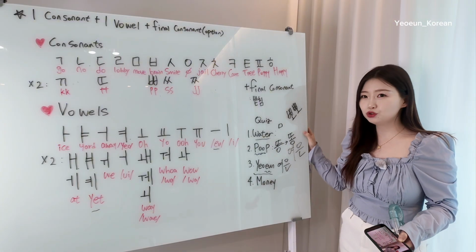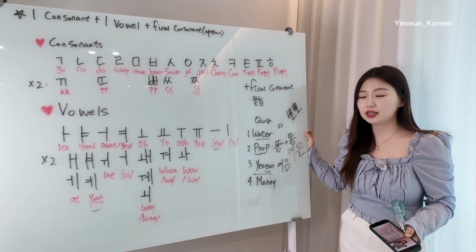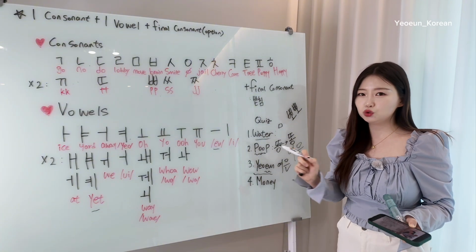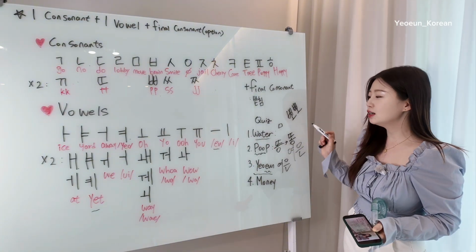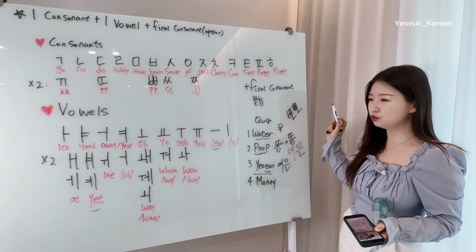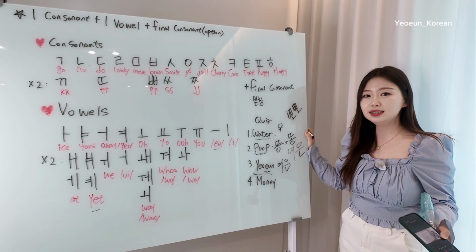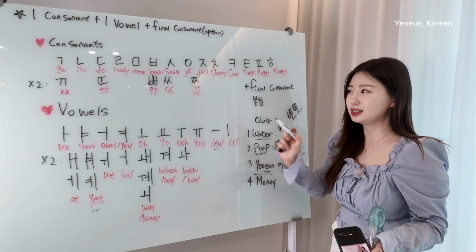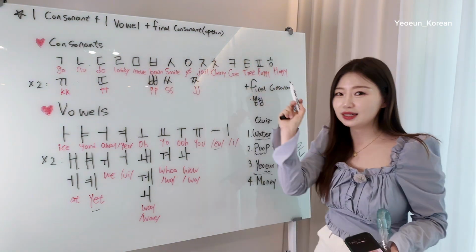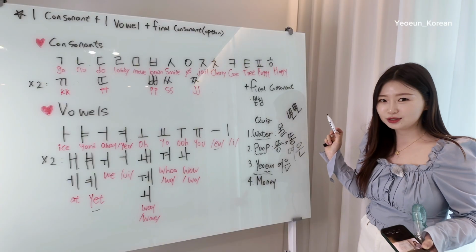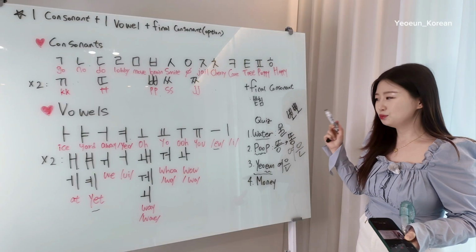And then we need the U sound too. U sound, where is it? Yes, here. So, 무, and then L sound. L sound, where is it? Yes, right. So it will be 물.